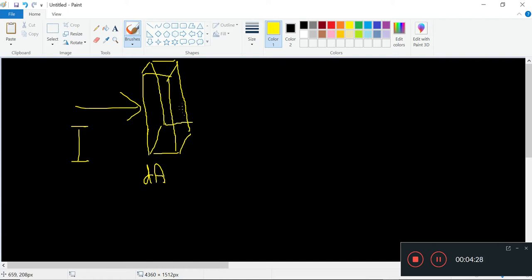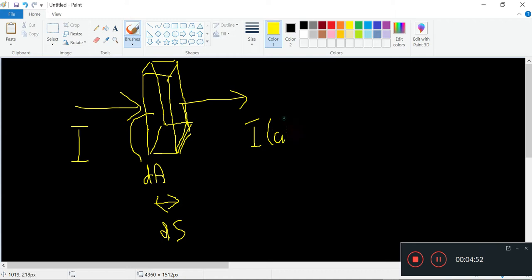So this dA will be the cross-sectional area, and this length is ds. In this very short distance, the radiation exiting the system will be slightly weaker. So this is like attenuated.